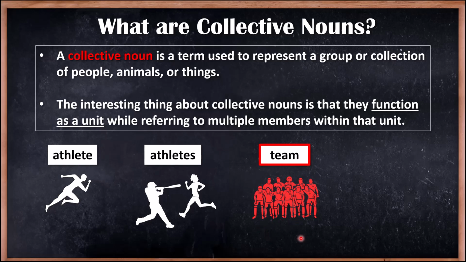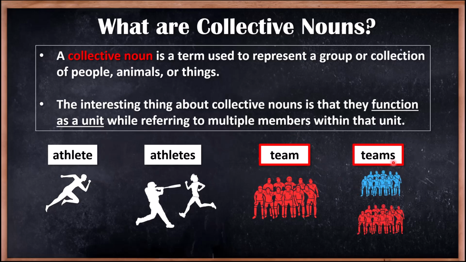You can see there are many athletes on the team, but usually team is considered singular, even though there are many people on the team. This is a singular collective noun because we also have teams with an S, and this is a plural collective noun. We have the blue team and the red team.